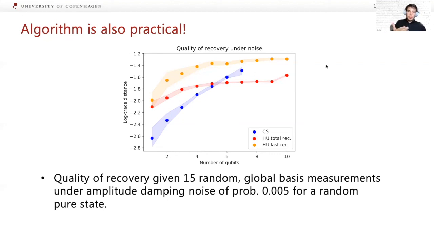So one of the open questions of this work is showing rigorously that this worst case error dependency is just too pessimistic, that this 1 over epsilon squared scaling of the number of basis measurements or the extra copies of the state is actually not tight.